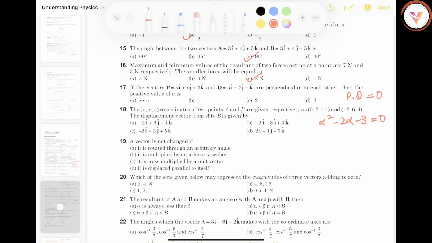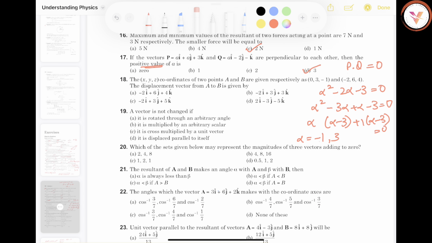You can take term splitting, then it is alpha square minus 3 alpha plus alpha minus 3 equals to 0. Take alpha common, it becomes alpha minus 3. Take plus 1 common, it is alpha minus 3 equals to 0. So one value is minus 1, other is plus 3. So they have asked for the positive value, then D is the correct one.